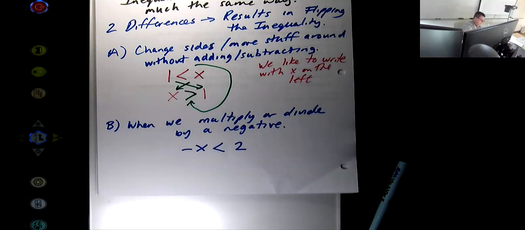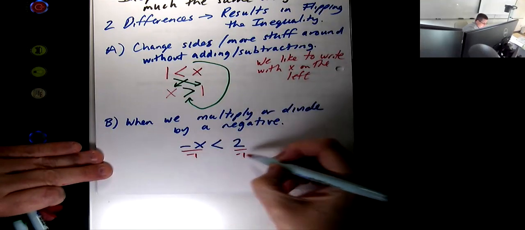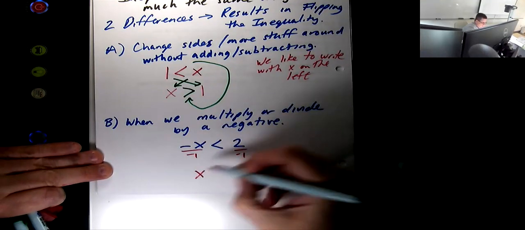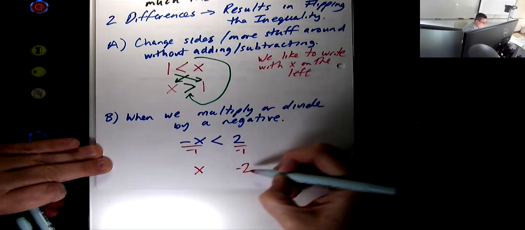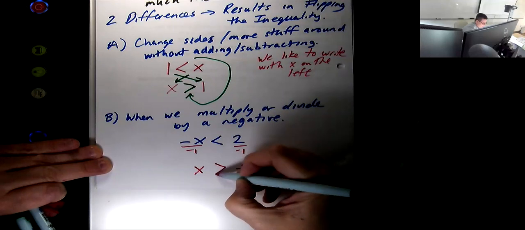Here I can either multiply or divide by a -1. And if I do, I get x on the left, -2 on the right. And now I want to change the inequality to do this.